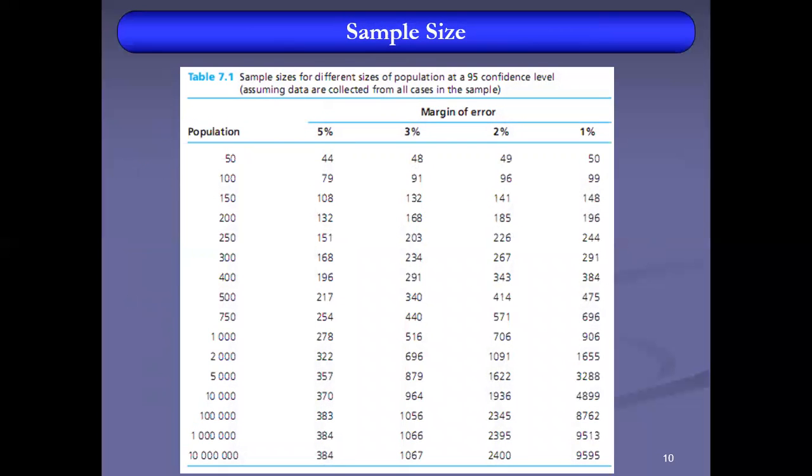This is one of the examples, one of the guidelines about the sample. What should the sample size be? Table 7.1, sample size for different sizes of population at 95% confidence level, assuming data are collected from all cases in the sample.